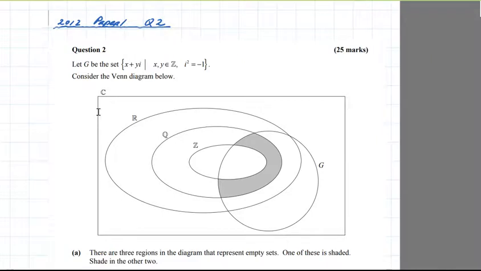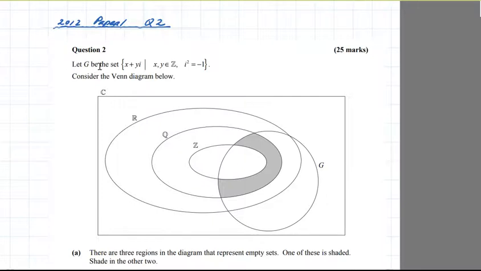Now, everything here is similar to what we've done so far, except of course there's this other bit, G. There's a new set here he calls G, but he defines what G is very clearly for us. G is a set of numbers x plus yi, where x and y are integers. Bear in mind that for us the definition of a complex number is a plus bi, where a and b are real numbers. So G is a bit more strict.